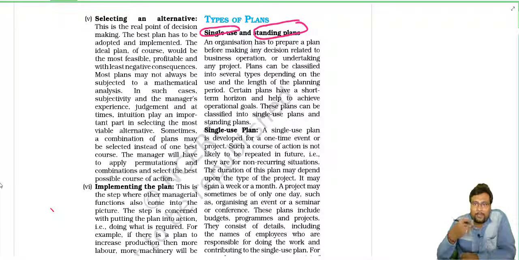Again and again we have to present a different plan as per the situation and need. So what is a single use plan? A single use plan is a one-time use plan, for non-recurring situations, for a specific project or specific events. Okay, beta?